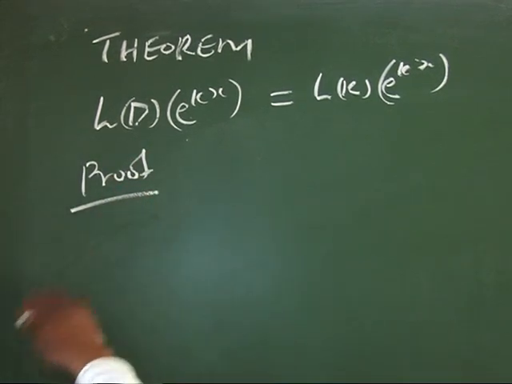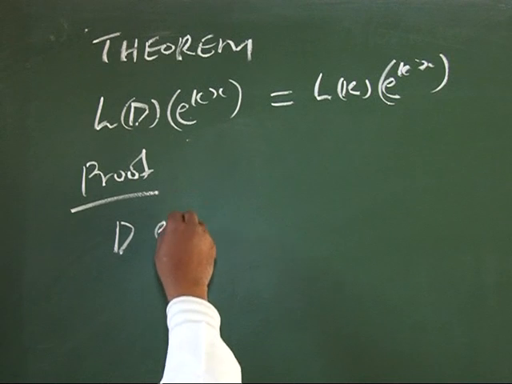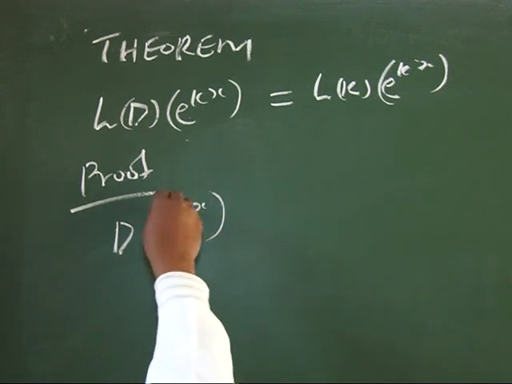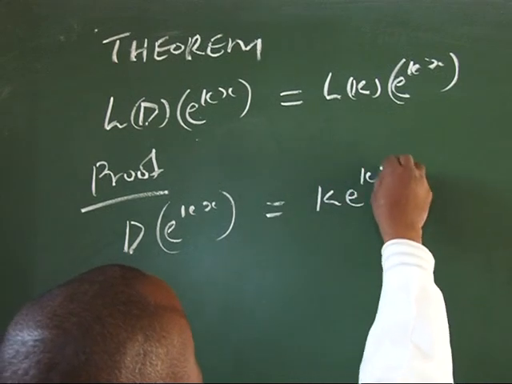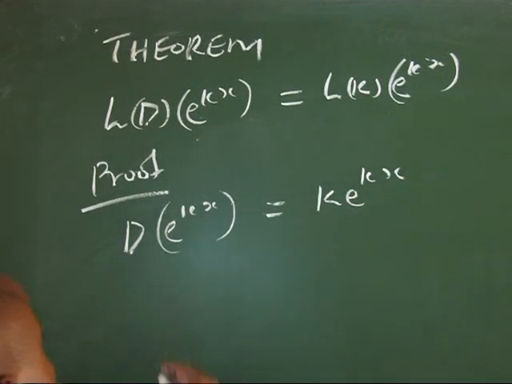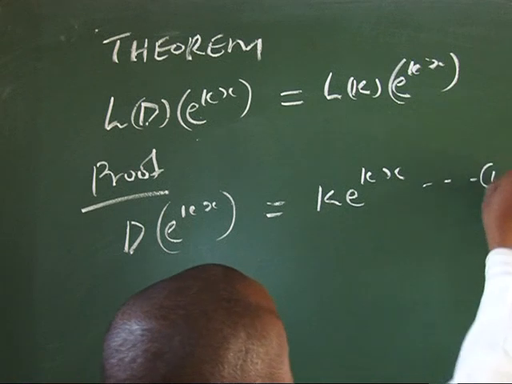We know that d exponential kx will be equal to k exponential kx. Let's call this 1.